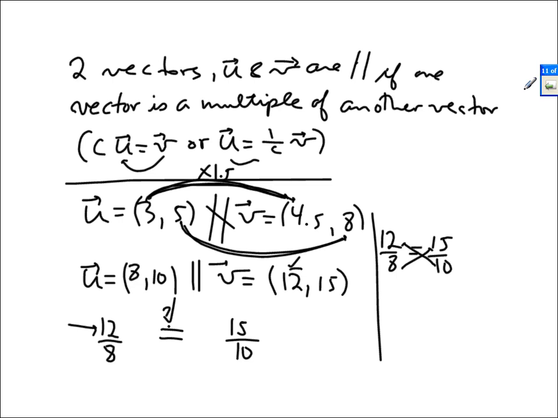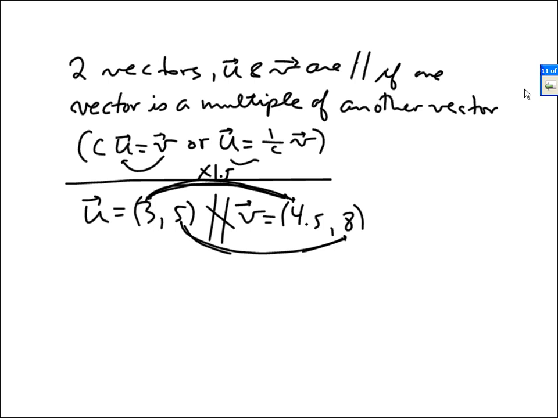If you didn't know that, you can reduce. 4 goes into both of these numbers 3 and 2 times. And 5 goes into both of these numbers 3 and 2 times. Oh, yeah. They are equal. There's no question about it. So maybe that's the way to do this. That's probably the cleanest way.